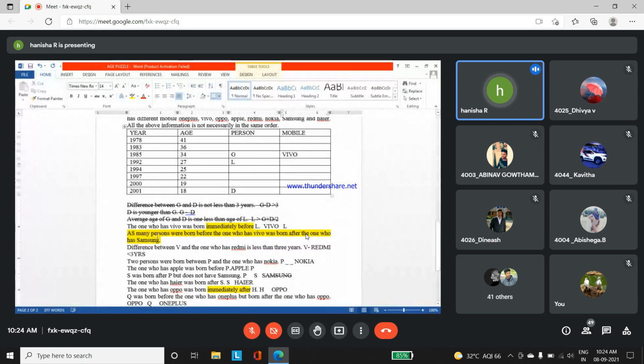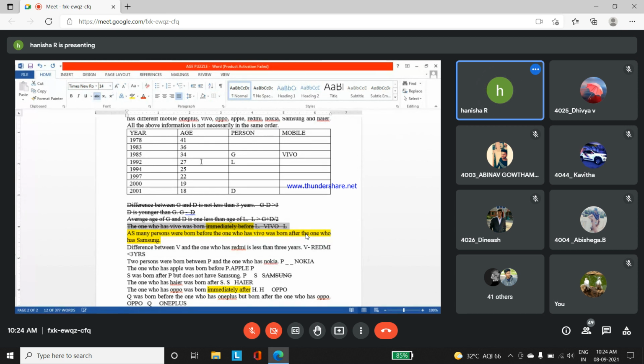And next is, as many persons were born before the one who has 0 was born after the one who has Samsung. For example, if before Vivo you have 2 persons, then after Samsung also you should have 2 persons. Here we have marked the mobile Vivo.